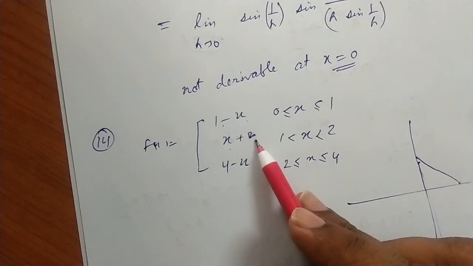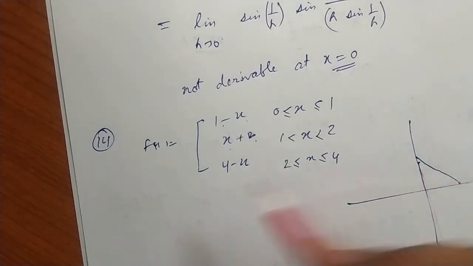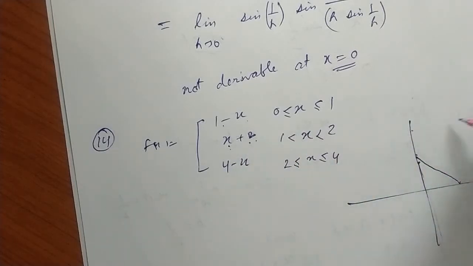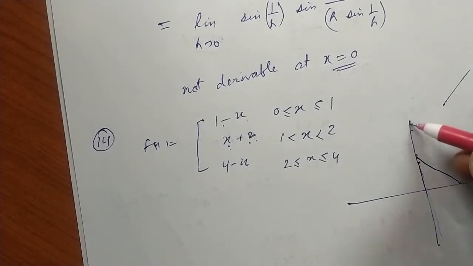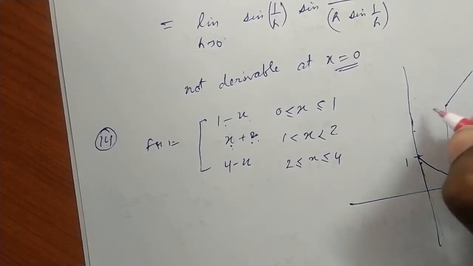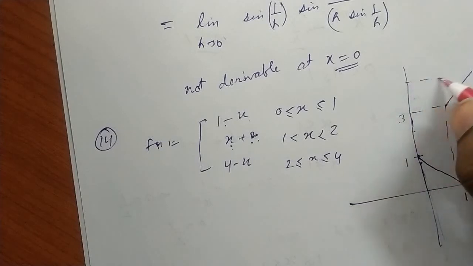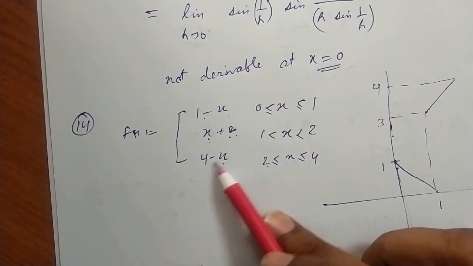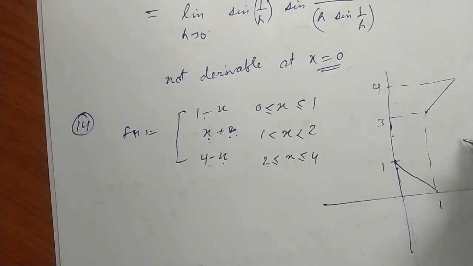x plus 2, a line of slope 1 and y-intercept 2. Okay, and at x is equal to 1, this will achieve value 3. When x is equal to 2, this will achieve value 2, and a line of slope -1.